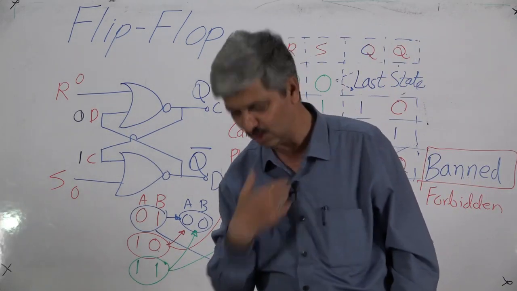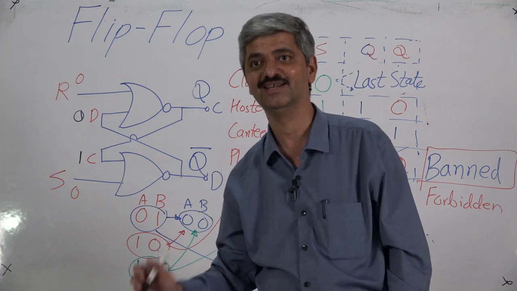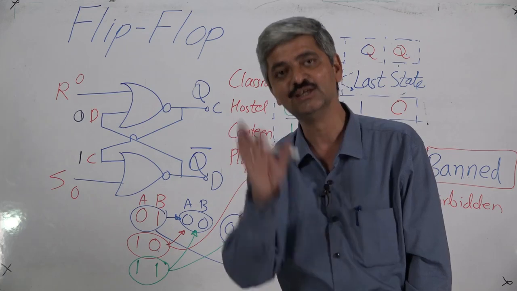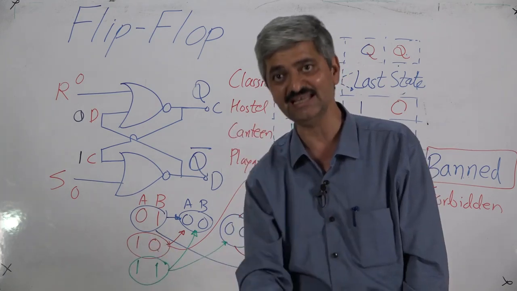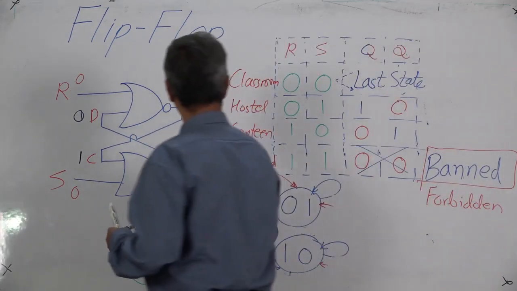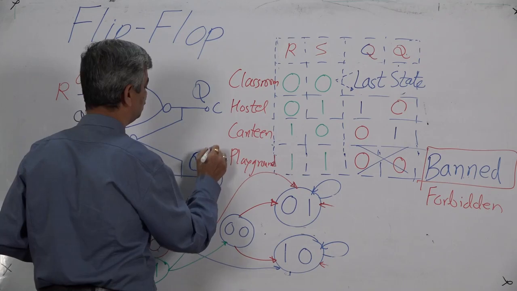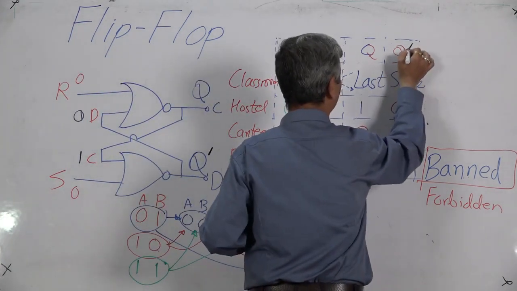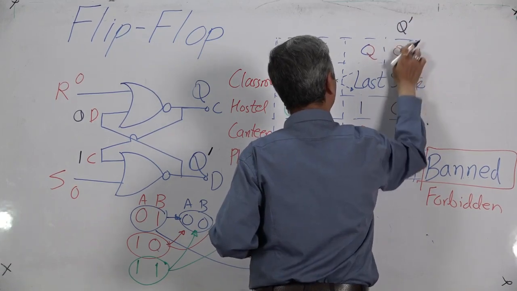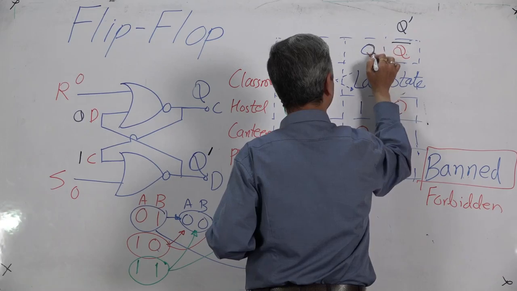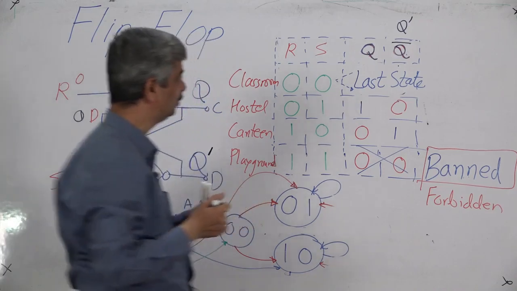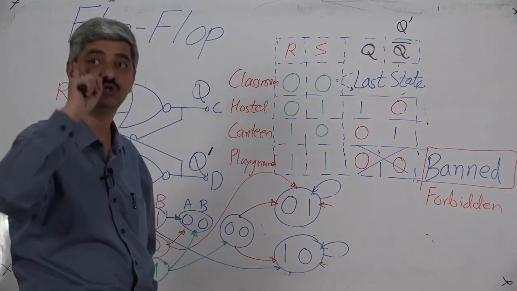If you ask me what the name should have been, Q dash. Q and Q dash. Q dash is normally Q bar in the permissible case, and in the exceptional case, Q dash is equal to Q. So the name should have been Q dash. We can't change the world convention. So it is Q bar, but for our understanding it is Q dash.